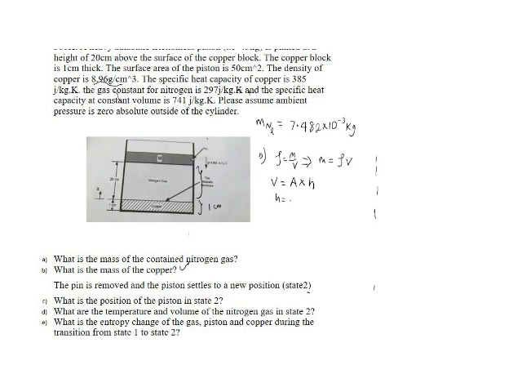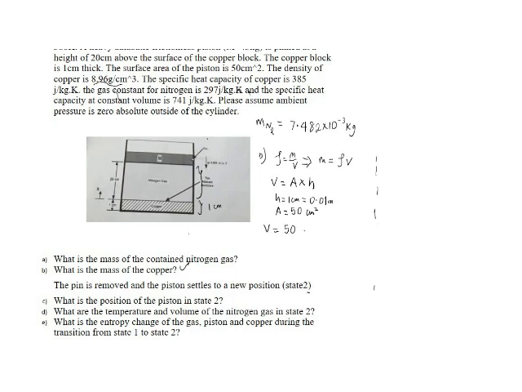So height of our copper is 1 centimeter, which is equivalent to 0.01 meter, and our area as usual is equal to 50 centimeter squared. So here volume is now equal to the area, which is 50.